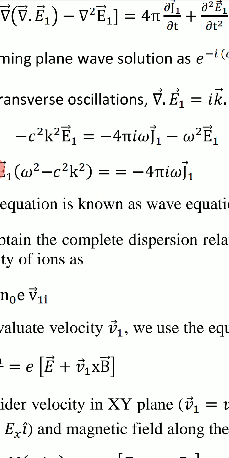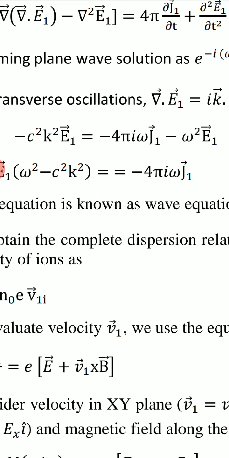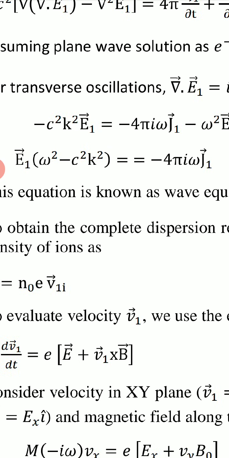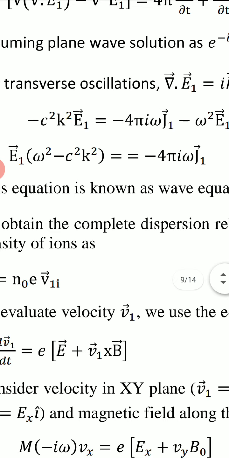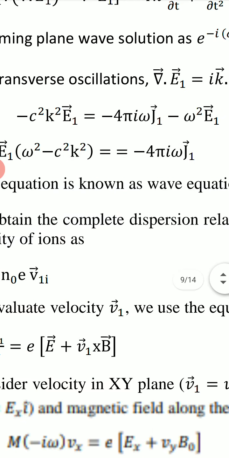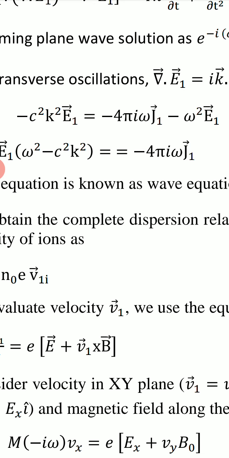Bring this E1 vector term from the right-hand side to the left-hand side and take E1 vector common. Then we get E1 vector into (omega square minus c square k square) equal to minus 4 pi i omega j1.